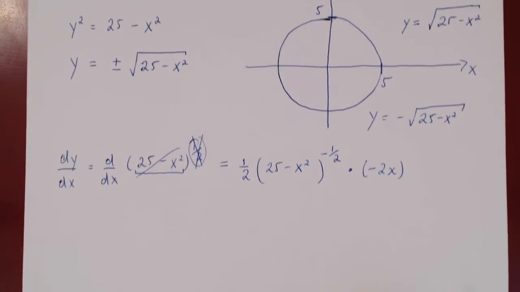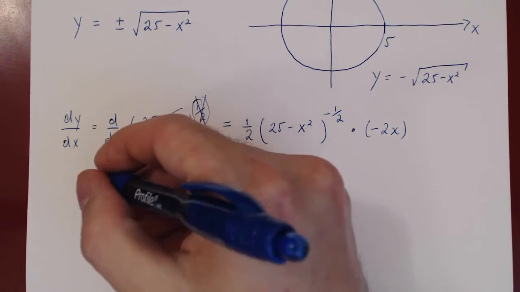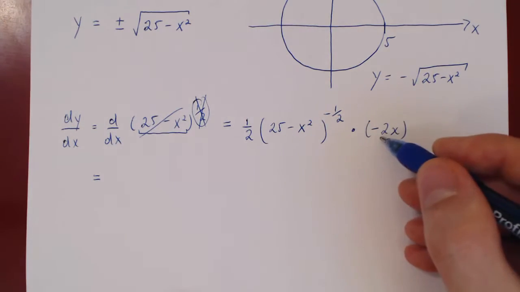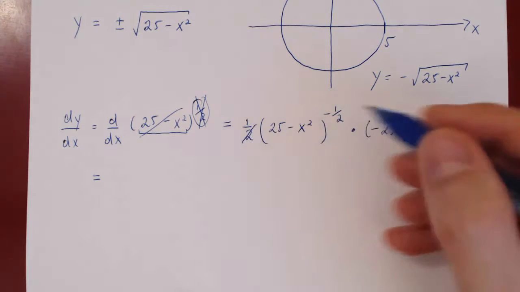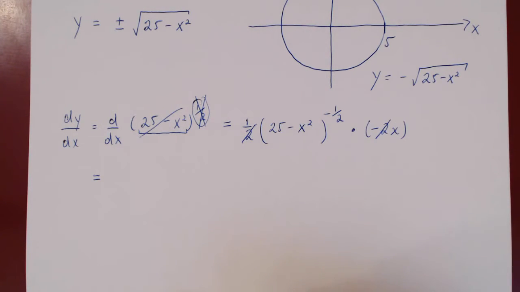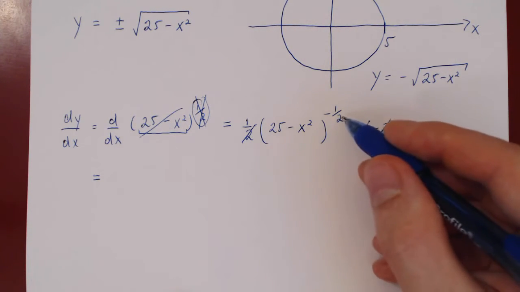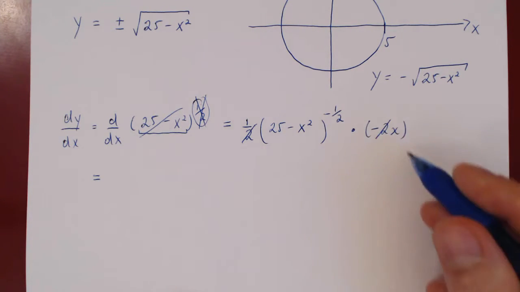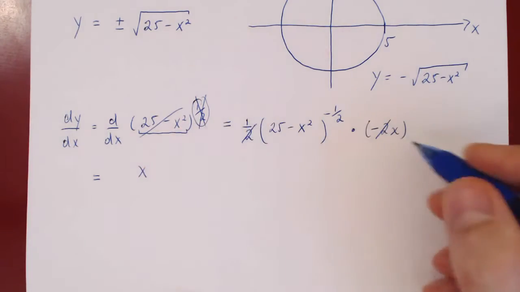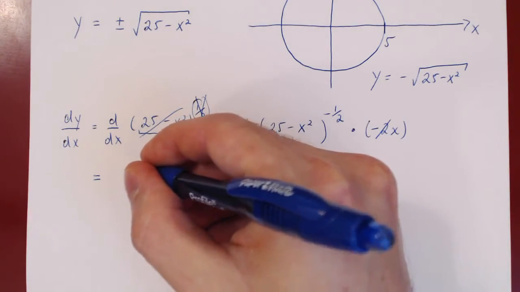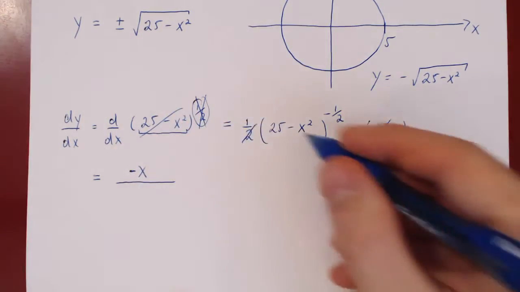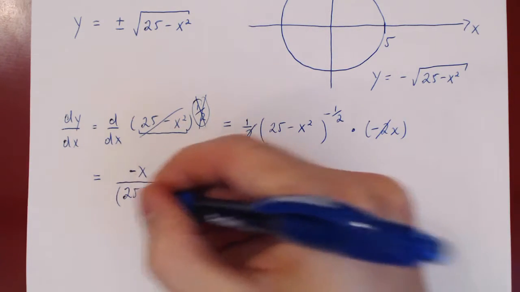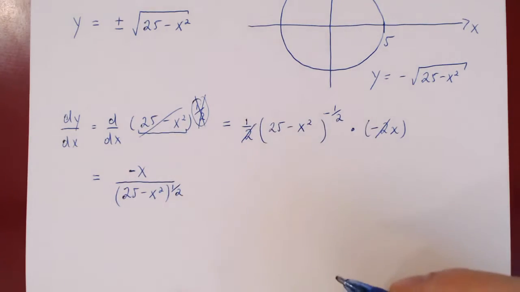Let's simplify a little bit. Well, negative 2 over 2 is negative 1. You can cancel the 2. And that will send a negative exponent to the bottom of our fraction, so the negative 1/2 will become a positive 1/2. So we'll have negative x over 25 minus x squared to the 1/2 power.